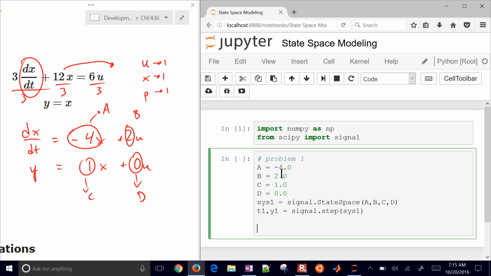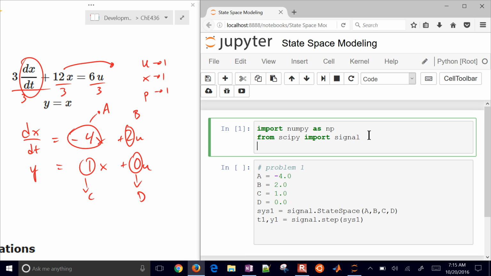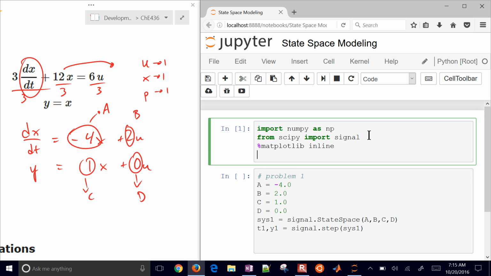Okay, I'm also going to put in here, just to be able to plot this, I'll do matplotlib inline. That's just for Jupyter, if you're using an IPython, to be able to have it show up within the browser, and then we'll do import matplotlib.pyplot as plt.